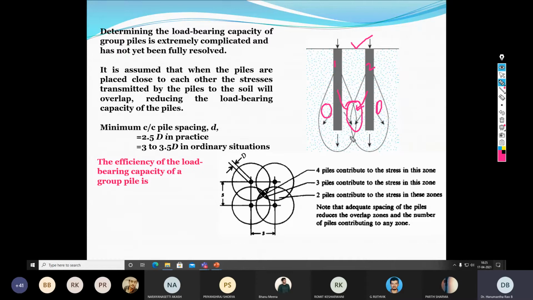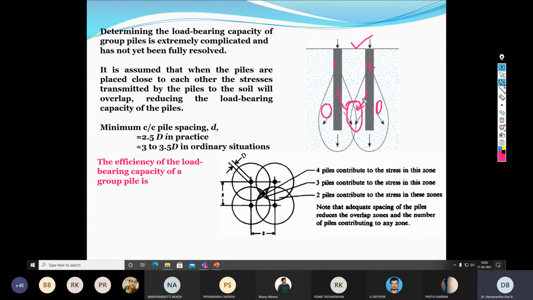So if this volume fraction is relatively high, you can see a kind of difference in settlement, because this small overlap zone undergoes more settlement because the stress is coming from pile 1 and pile 2. While in other zones, the soil experiences the load exclusively from either 1 or 2.